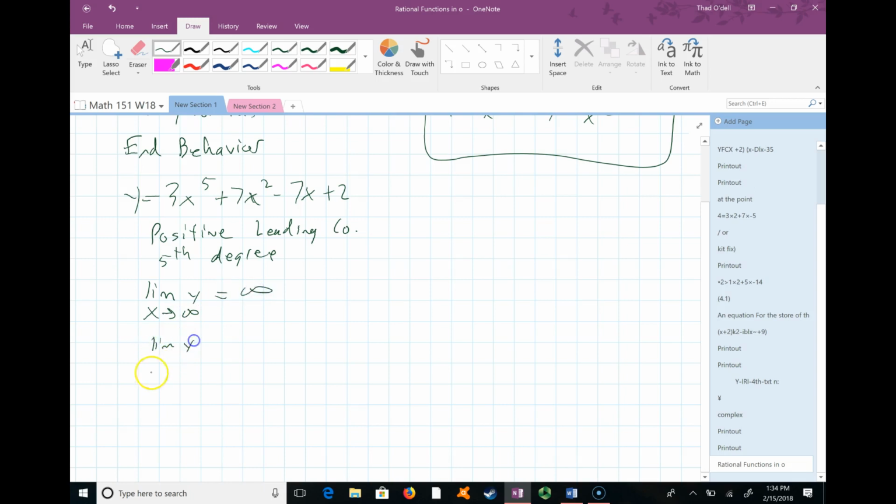And the limit of y as x approaches negative infinity would be negative infinity. Another way to write this would be on the right, positive infinity, on the left, negative infinity. You should be able to make the connection. See how this is saying we're going to the right, and this is saying we're going to the left? So that's one bit about polynomials that we need to understand.